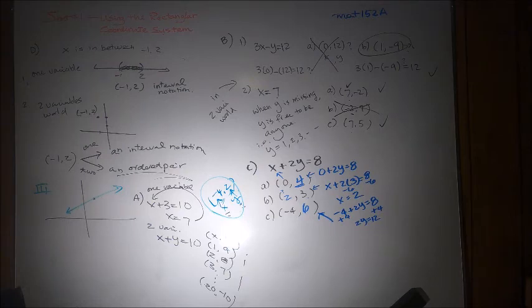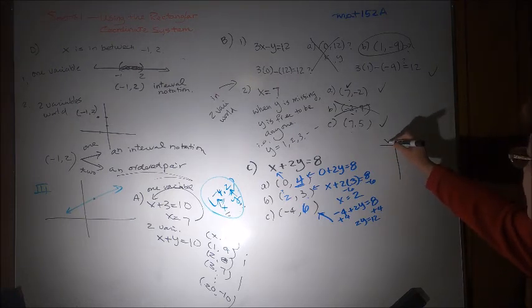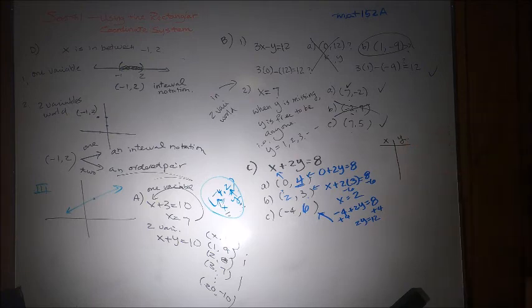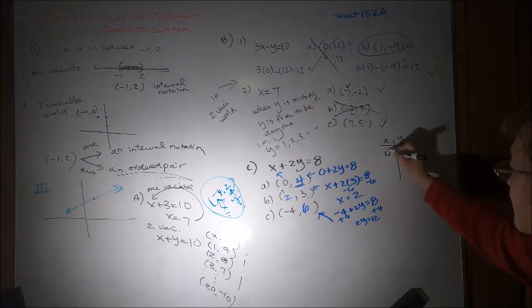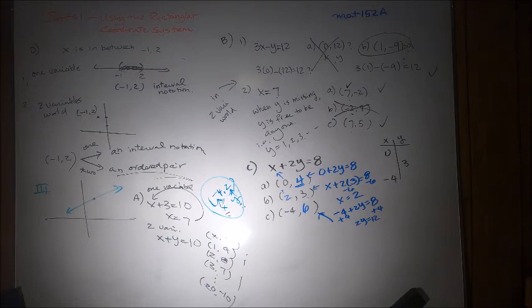Okay. Another way later on we are going to show is using this thing. So we call it t-table or t-chart with x and y. Okay? So I will have x is 0, y is 3, x is negative 4. Then we expect you to find the coordinate point. Means what?